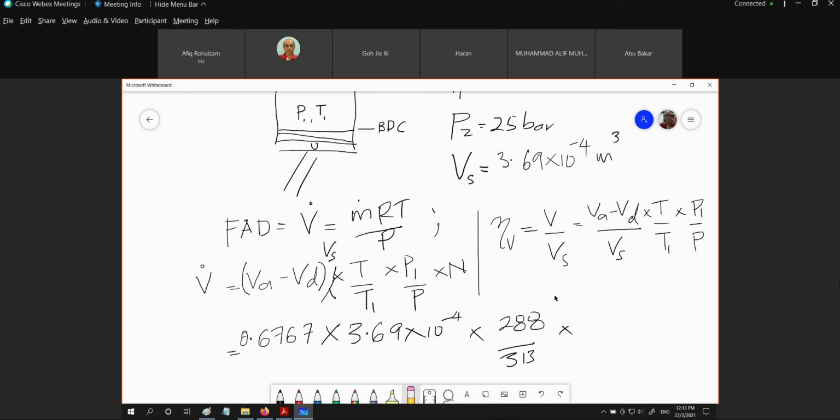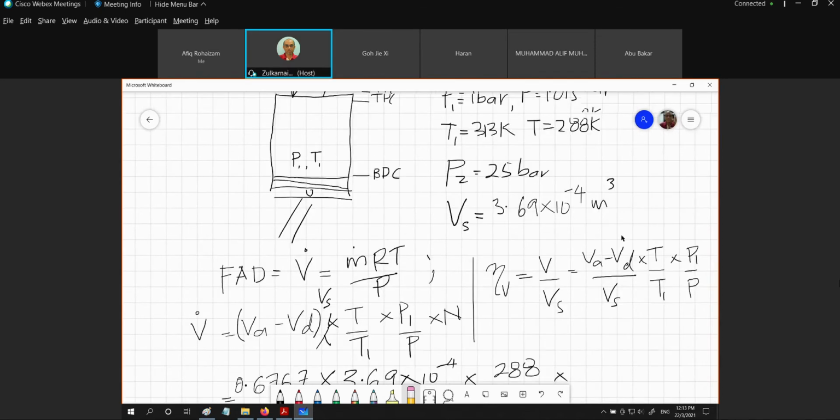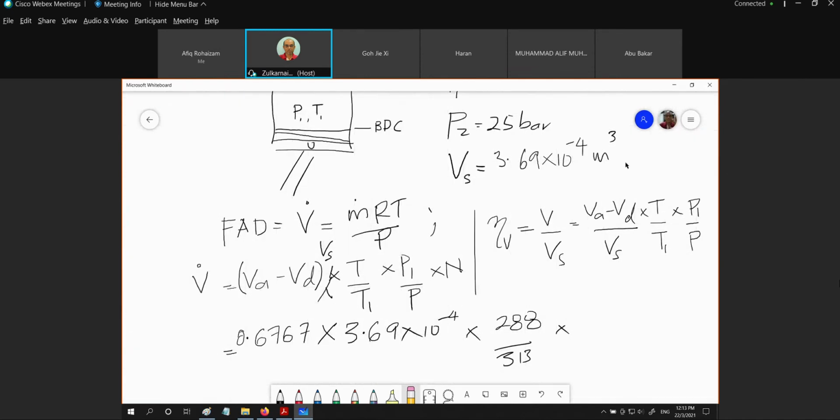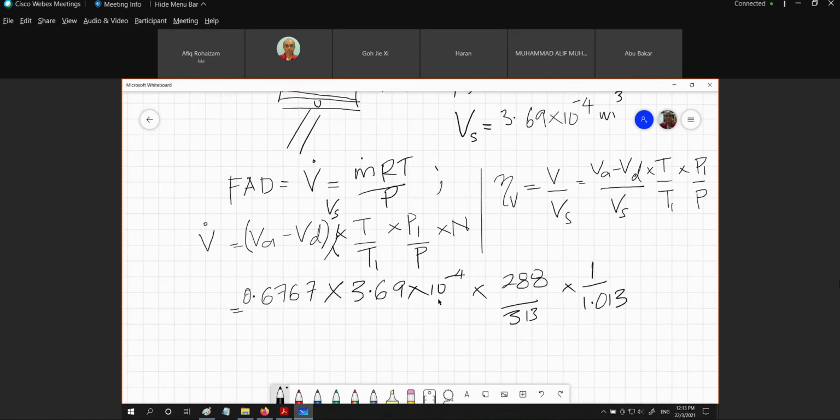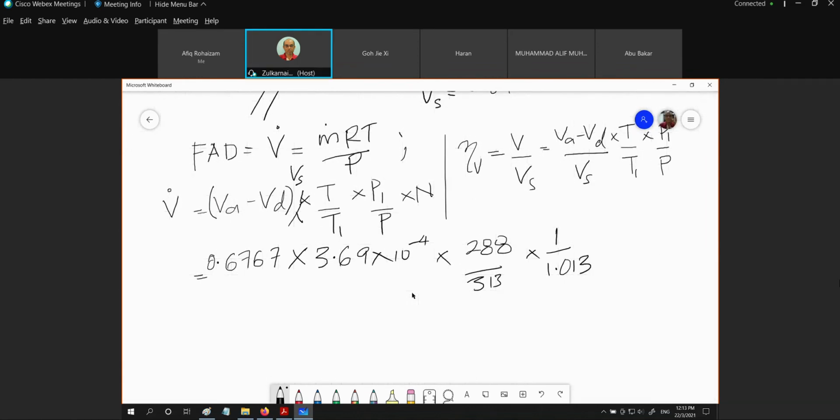Kalau buku lama ada not, sorry. Kita punya P1 kita adalah 1 bar, 1 divided by 1.013. Kalikan dengan N kita adalah 1000.